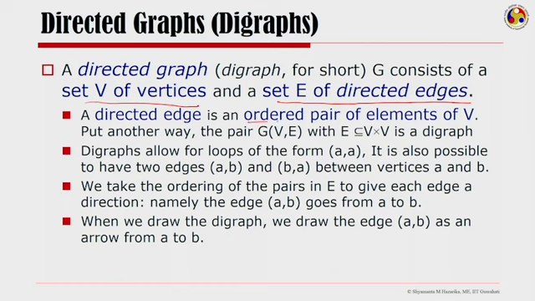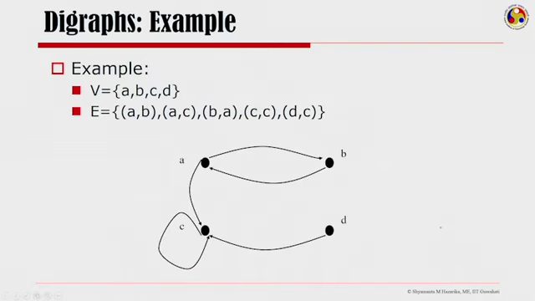Directed edges are ordered pairs of elements of V. Put another way, if I have a graph as a two-tuple of V and E, where E is a subset of V cross V, it is a digraph if these pairs are ordered pairs. So the ordering of pairs in E gives each edge a direction, namely the edge AB goes from A to B.